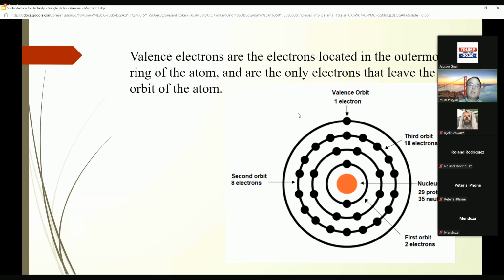So if you have an insulator, it really is hard to get electricity to flow in that insulator. It's because of the properties associated with holding these valence electrons so tightly. If you've got a material that you use as a conductor, wiring that we're going to use to conduct electricity, those are materials that have one valence electron, and so that electron is loosely held and can move from atom to atom relatively easily.